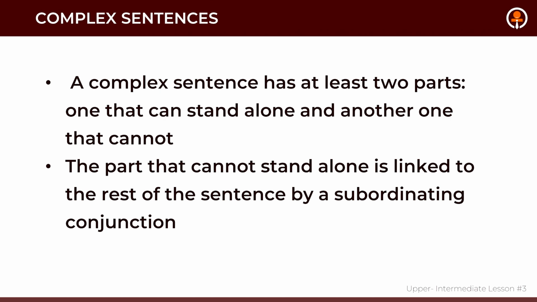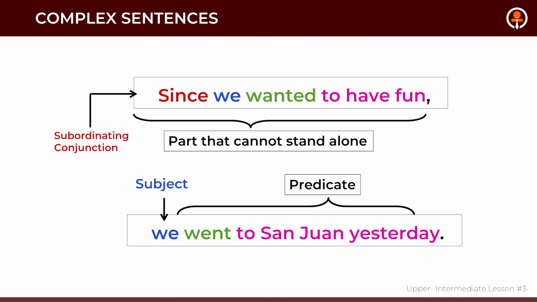What about complex? A complex sentence has at least two parts: one independent clause and one dependent clause. The part that cannot stand alone, in other words the dependent clause, is linked to the rest of the sentence by a subordinating conjunction. For example, since we wanted to have fun, we went to San Juan yesterday. So the independent clause is we went to San Juan yesterday.